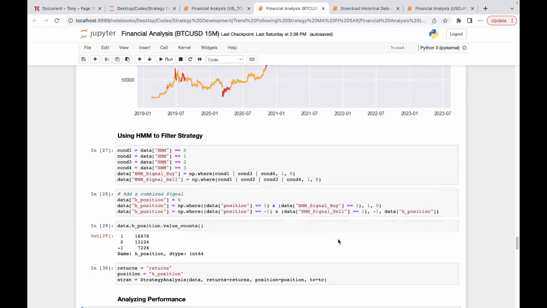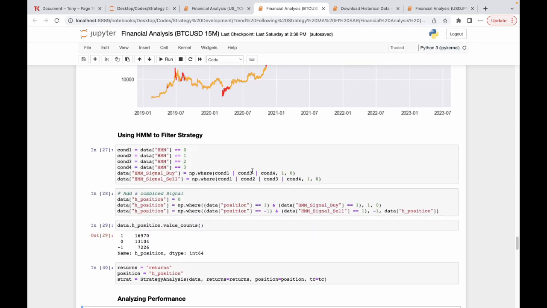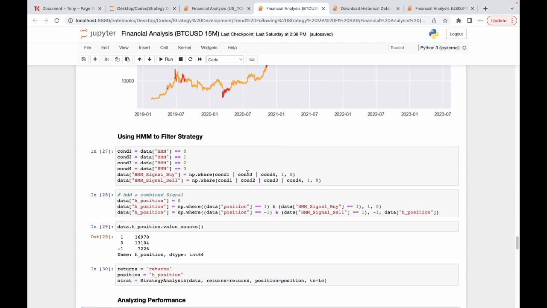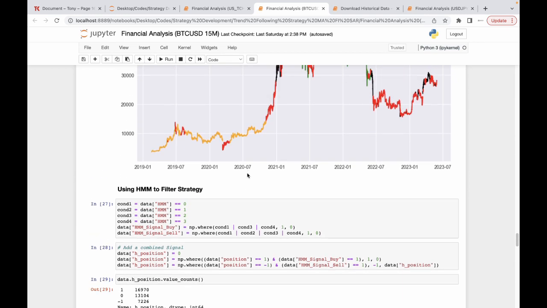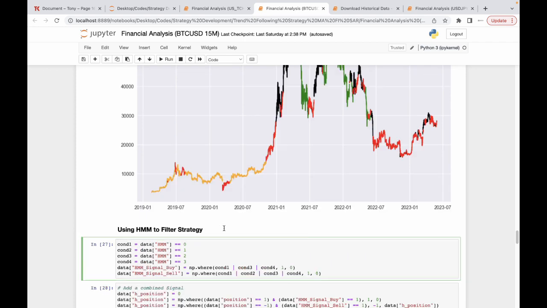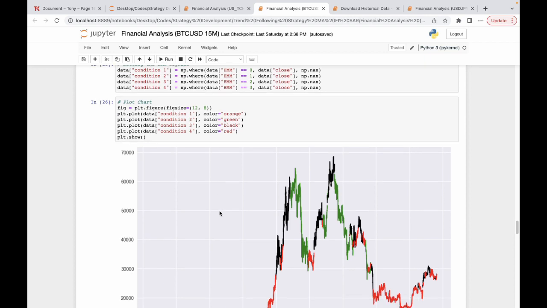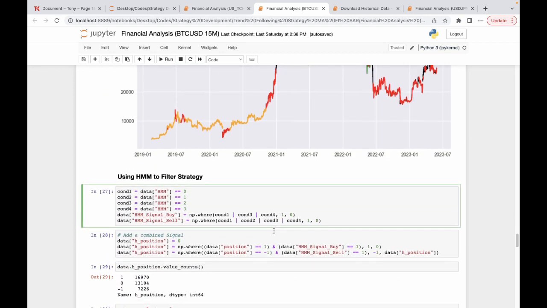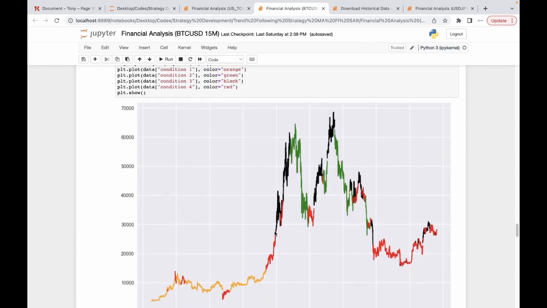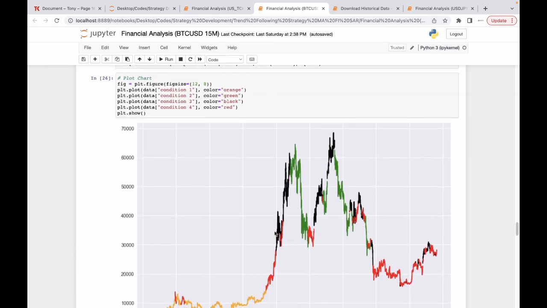Something else you can also do is to look at the conditions. And wherever the trading strategy is actually the most profitable, you can increase your lot size. And then where it's likely to be less profitable, you can reduce your lot size. So let's say condition 1 here, which is orange, and condition 4 is red.